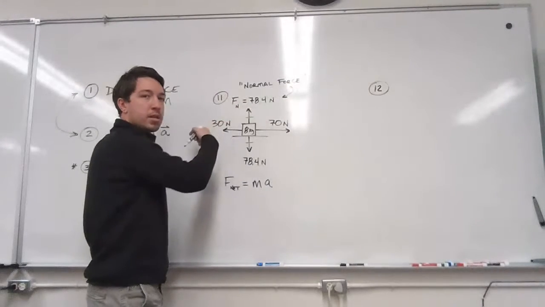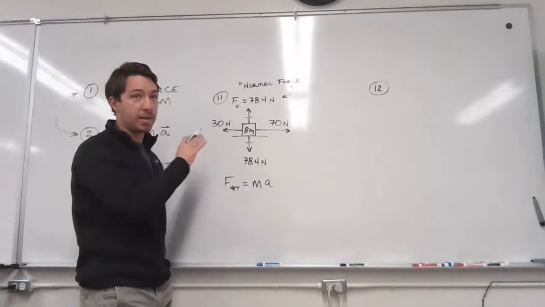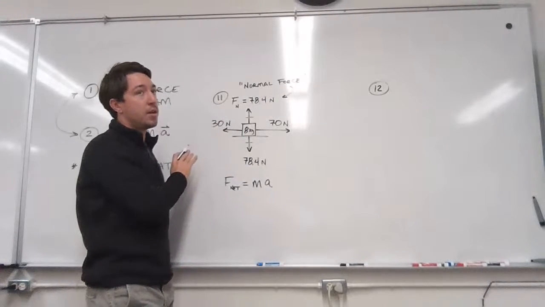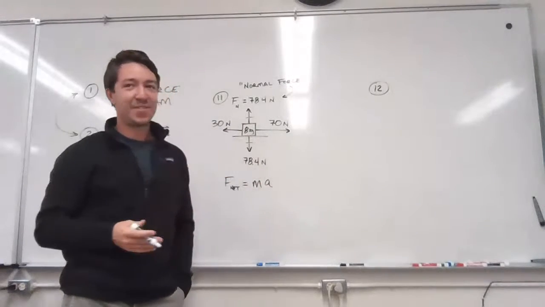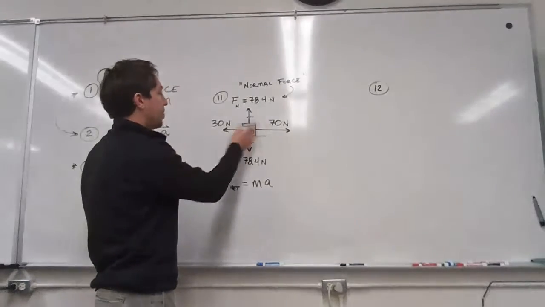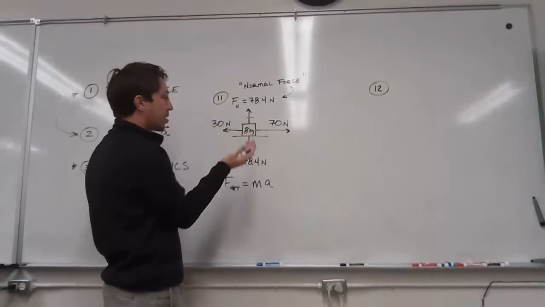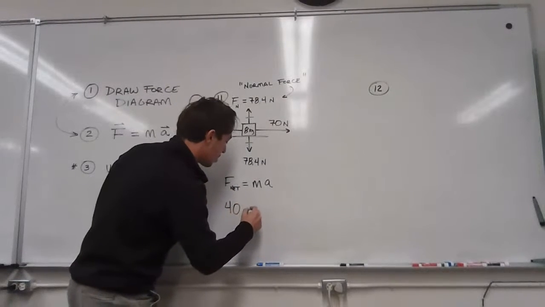So it's 70 minus 30. Are we sure everyone understands that? Yes. So don't overcomplicate it. It really is that simple. It's going to get more complicated, don't worry. You're like, no, I want it to be complicated. For now, it's very simple. They point in opposite directions. You just subtract them. Okay, so F net is 40 newtons.